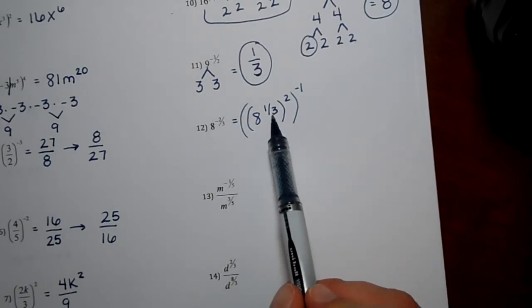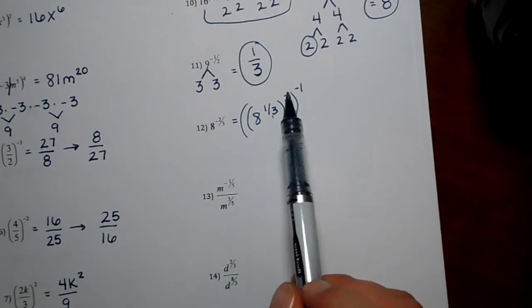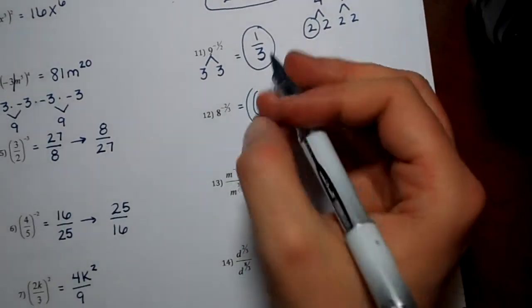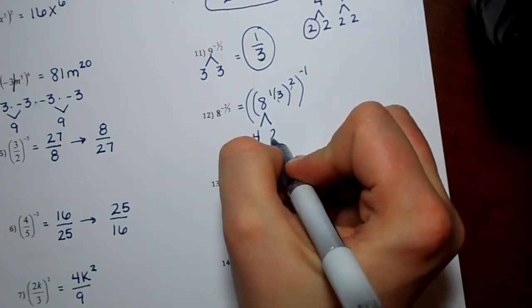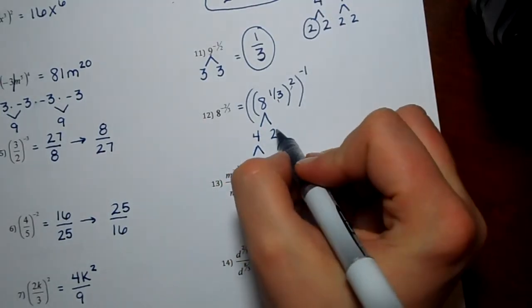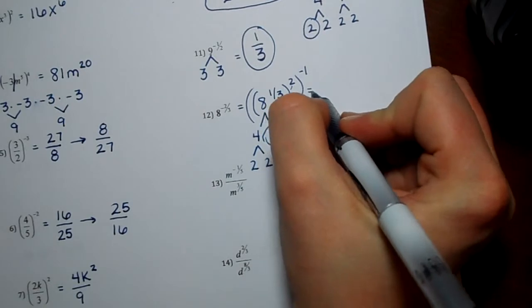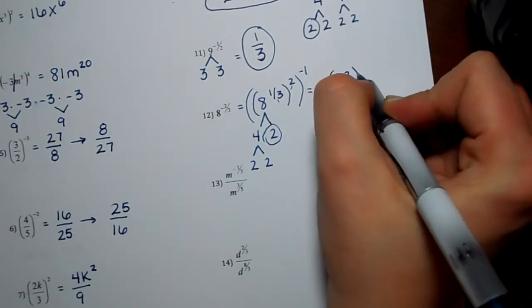So I'm going to break it into 3 pieces. I'm going to take that piece and square it, and then this -1 means I'm going to flip that answer over into the reciprocal. So let's start with my 3 pieces. If I make a factor tree for 8, I break it into 3 equal pieces, and each piece is equal to 2. So now I'm going to take that 2 and raise it to the power of 2.